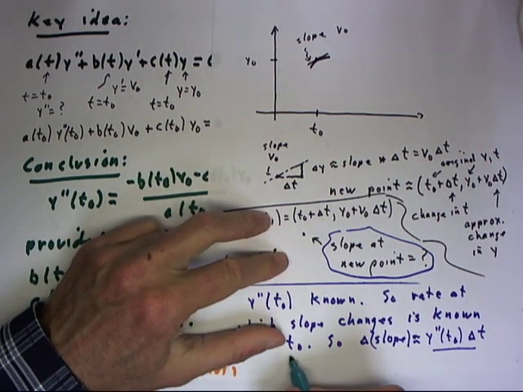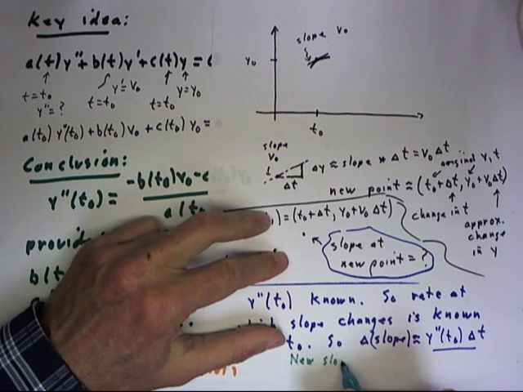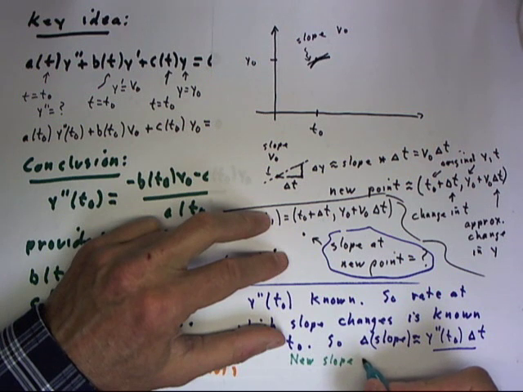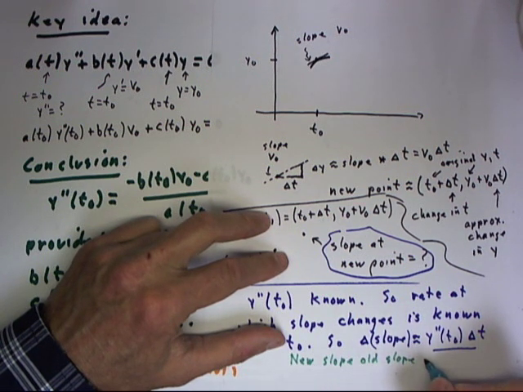We conclude then that our new slope should be old slope plus y double prime of t naught delta t.